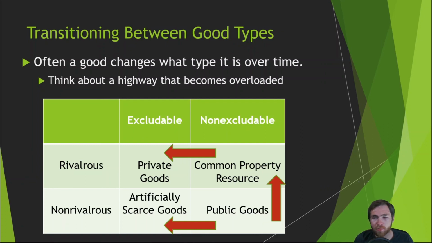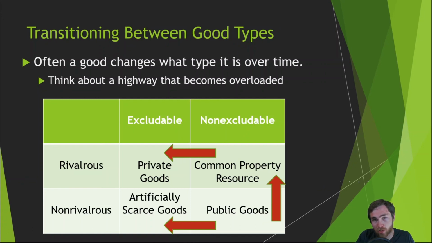Similarly, property rights can be established over certain public goods to turn them into artificially scarce goods. For instance, if there's a community pool that people who live in that community can use for free, the city could decide to put up a fence, install a gate, and start charging people. That would essentially convert that public good into an artificially scarce good.